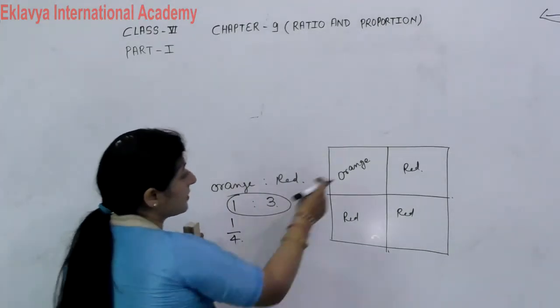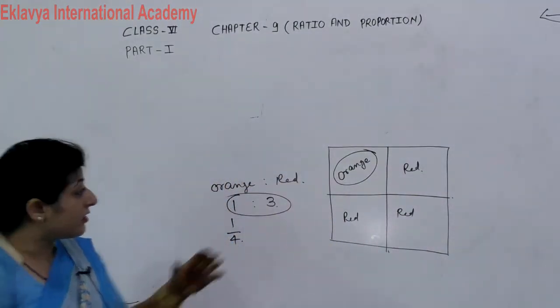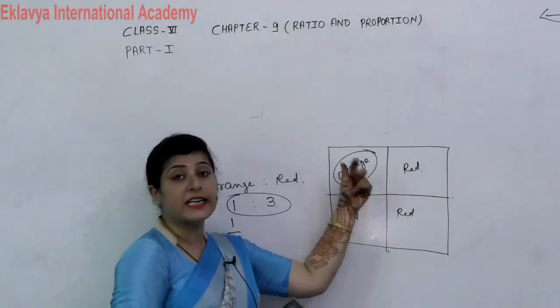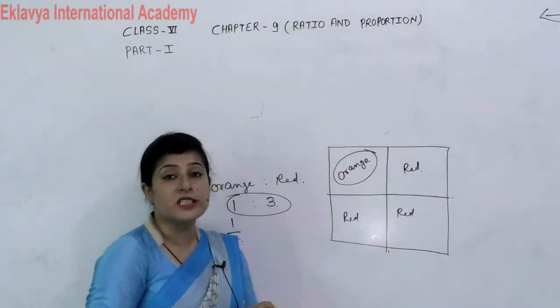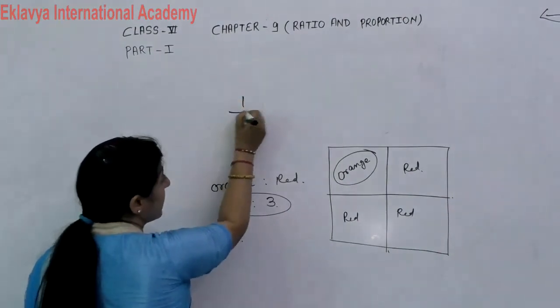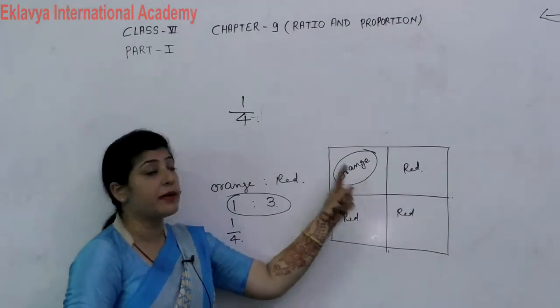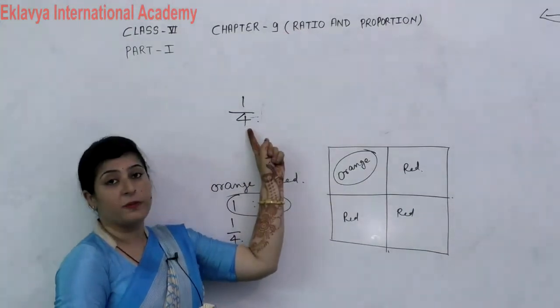And in fraction, if I want to find out what is the part that orange part is shaded in this rectangle, then in fraction this become 1 divided by 4. It means only one part shaded but all together part 4.